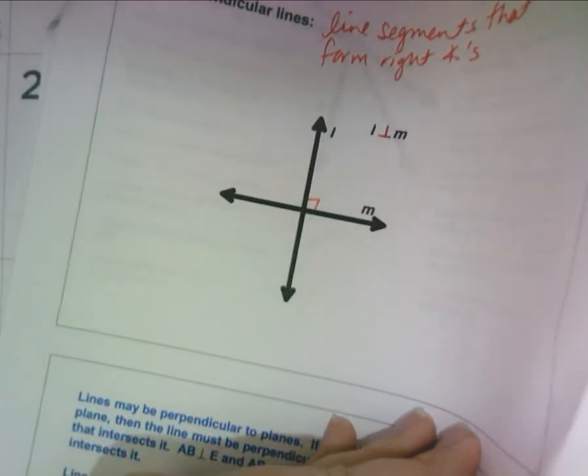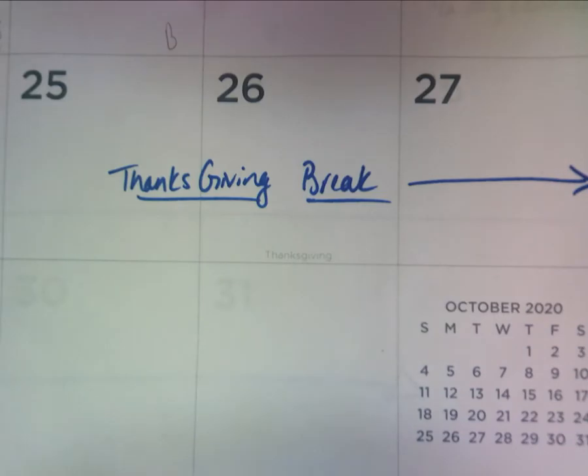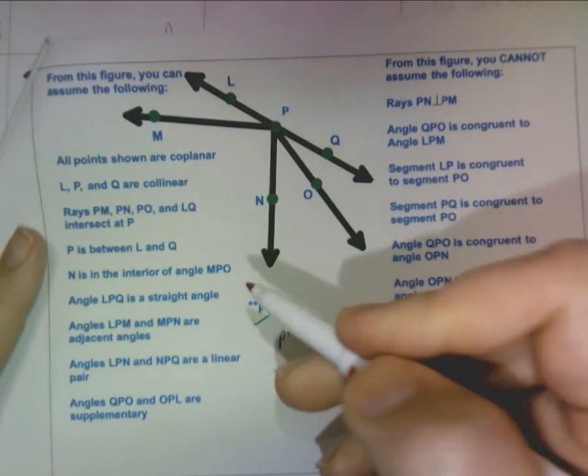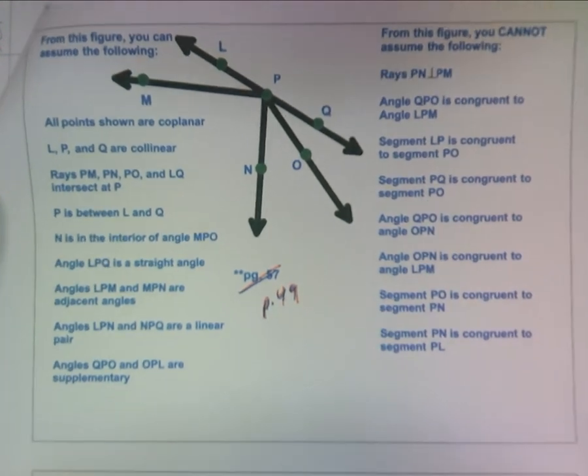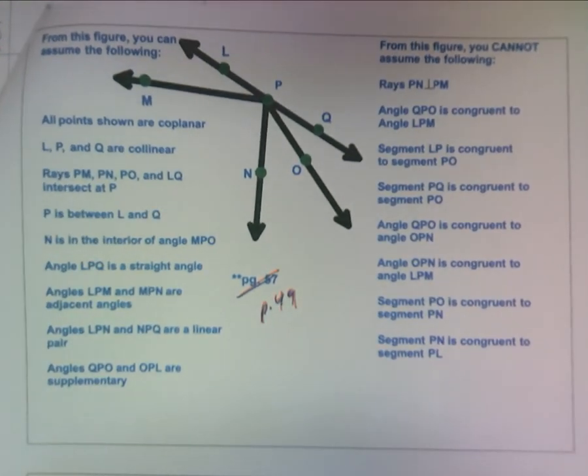But something I would like you to kind of recall, this is on page 49. When you look at this figure, because we're about to get into the chapter that deals with what are called proofs, you have to be able to look at a figure and safely assume things and know things that you cannot assume.